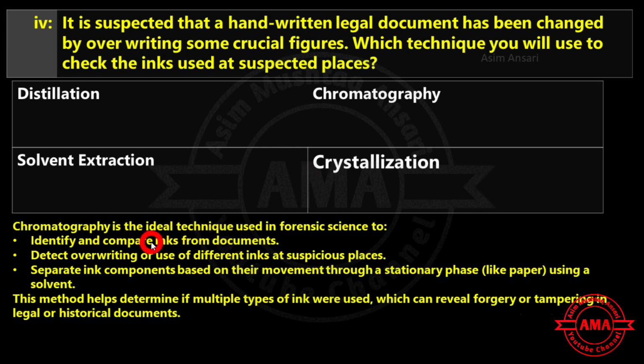There, chromatography is the ideal technique used in forensic science to identify and compare inks from documents, detect overwriting or use of different inks at suspicious places, and separate ink components based on their movement through a stationary phase using a solvent. This method helps determine if multiple types of inks were used, which can reveal forgery or tampering in legal or historical documents. So, chromatography is the best answer of this question.